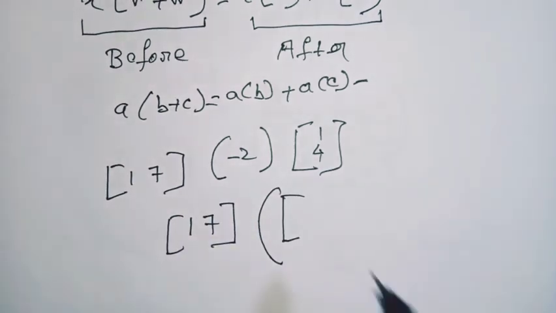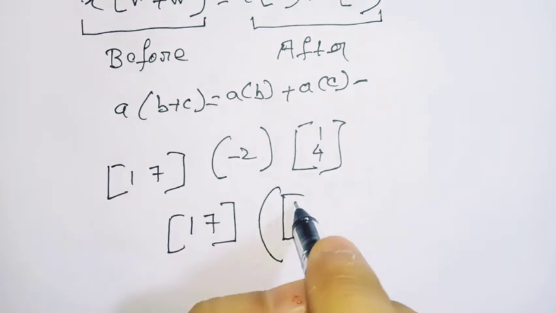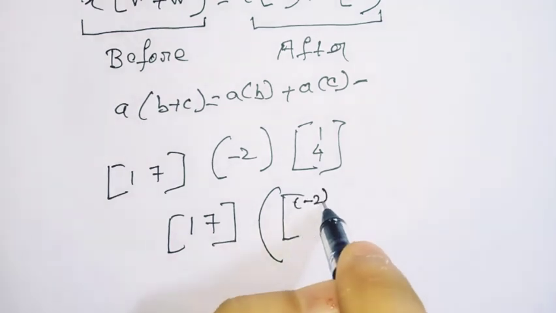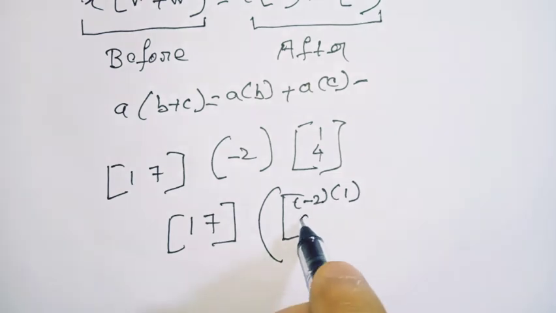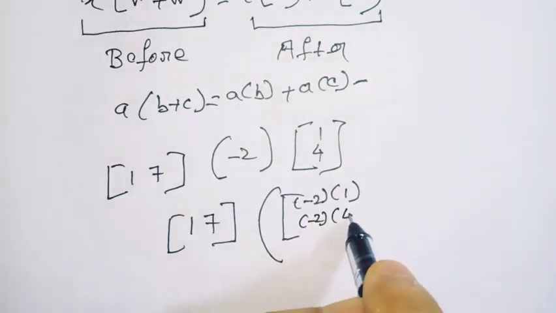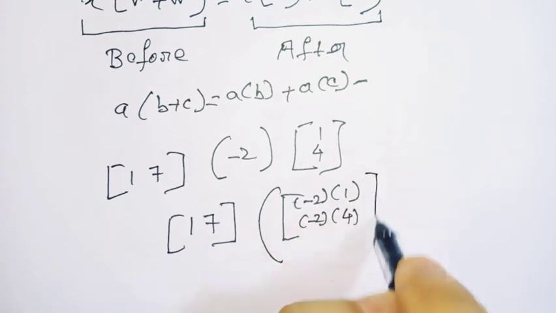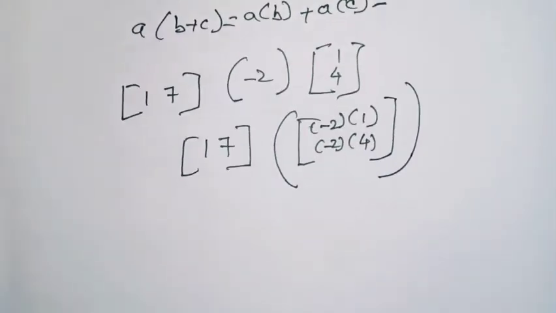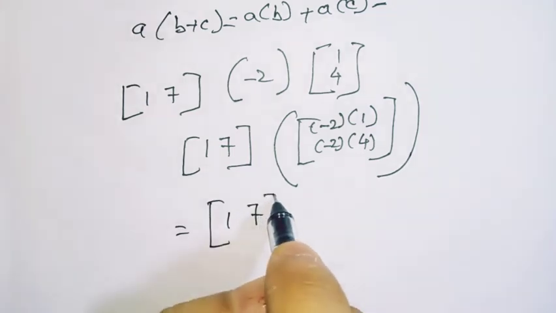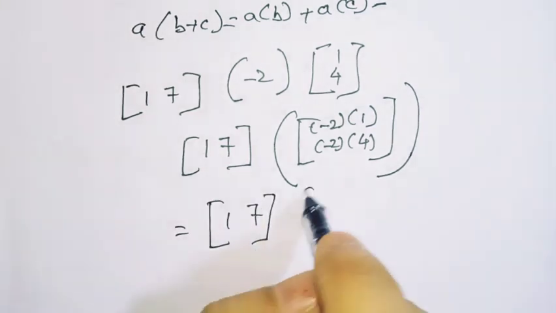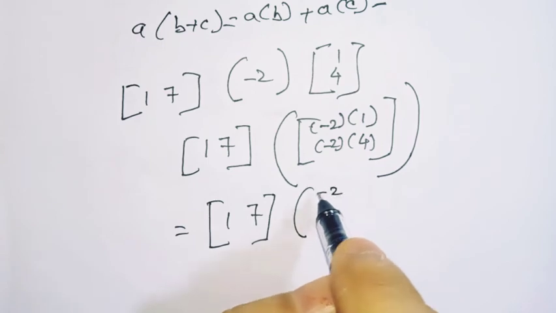And what I can do is that I can write this as -2 1, right, and -2, positive 4 plus 4, and I can close this one. So what I'm going to get is that 1 7 will remain here, and we will get the values as -2.